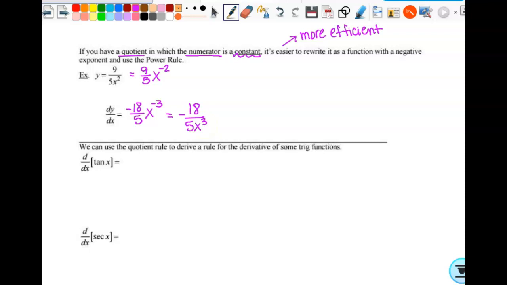Okay. So let's look at that using the quotient rule. dy dx. I start with the derivative of the first one, which is 0, times the second one, which is 5x squared, minus the first one times the derivative of the second one, all over the denominator squared.